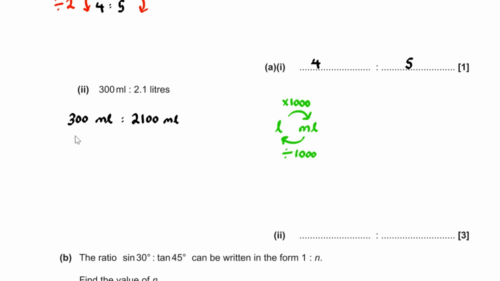So this is equivalent to 300 millilitres to 2100 millilitres. And now what we can do is divide each side by 300, and therefore 2100 divided by 300, that's 7, and therefore our ratio simplifies to 1 to 7.